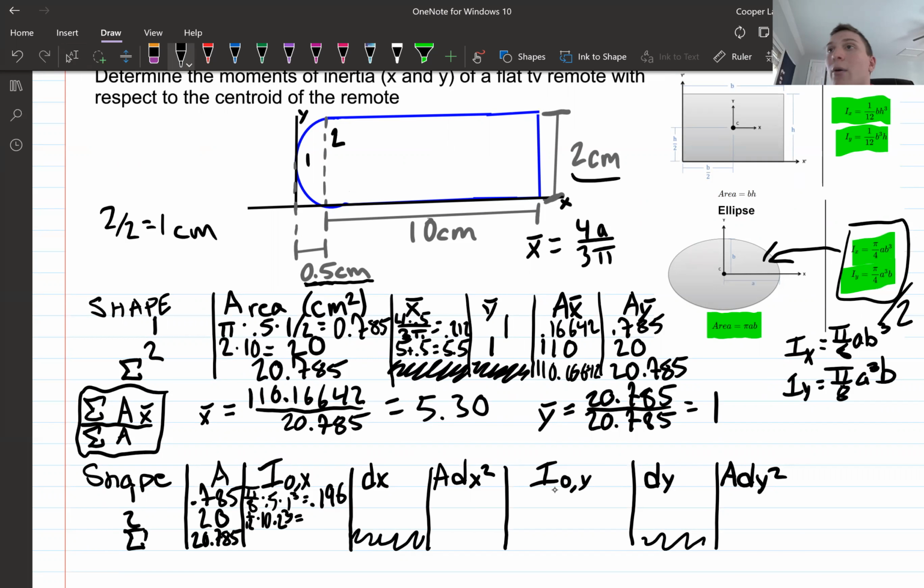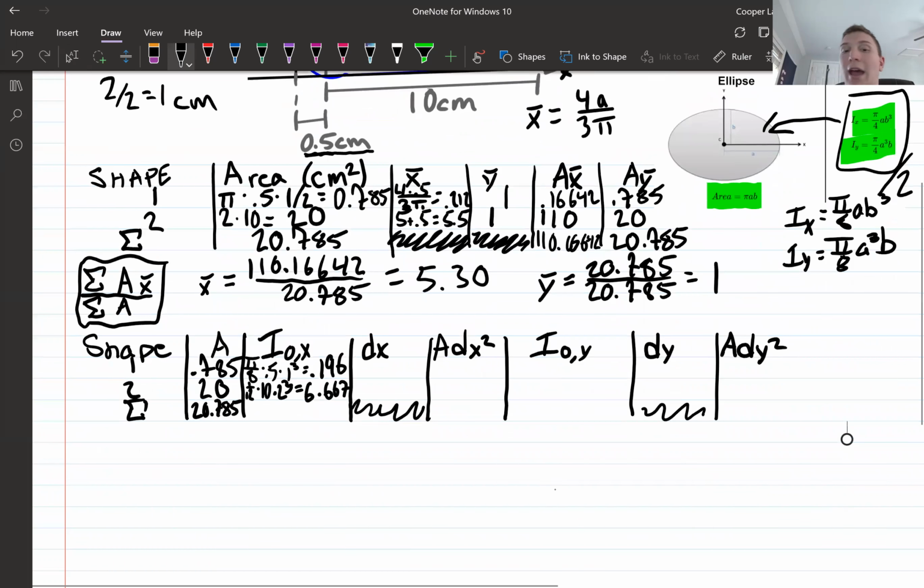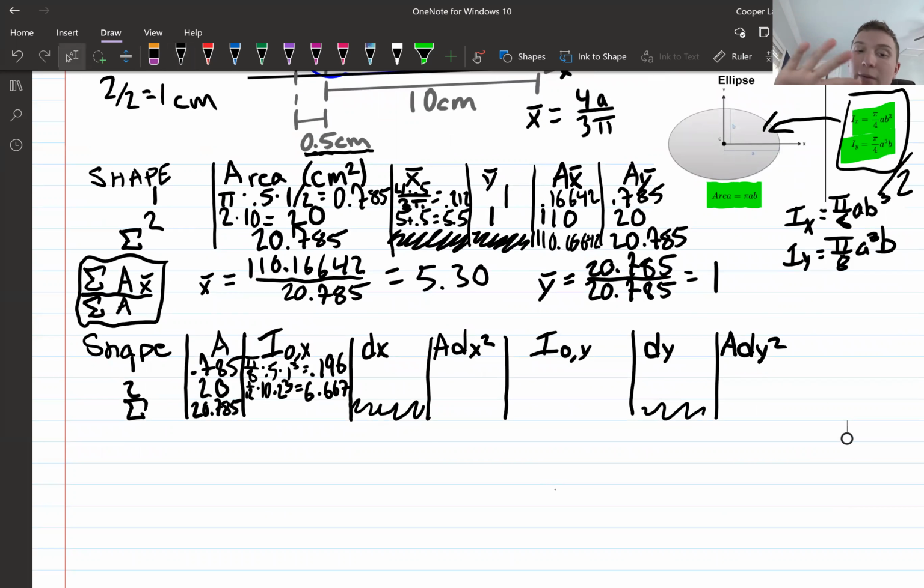When you do that out in your calculator, you'll end up getting about 6.667. Now we're going to add these values together for sigma, and we're going to get 6.863. That does not mean this is our final inertia, because that's not fully yet around the centroid of the problem.